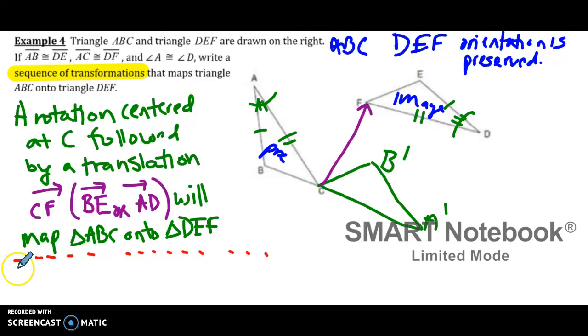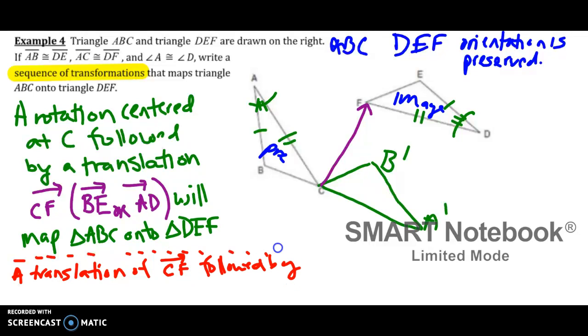So I could have maybe said a translation of CF followed by a rotation centered at F. Perfect. Done. Okay.